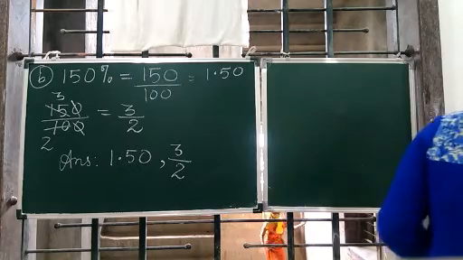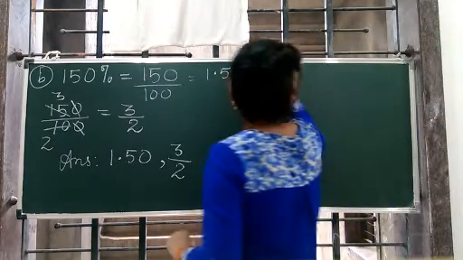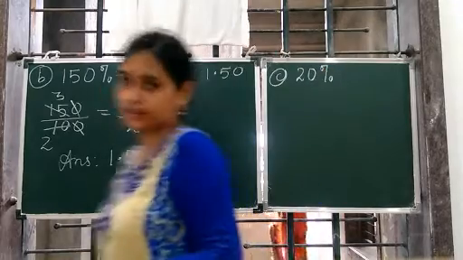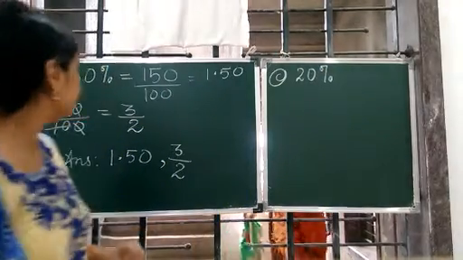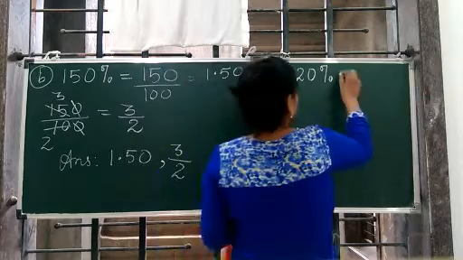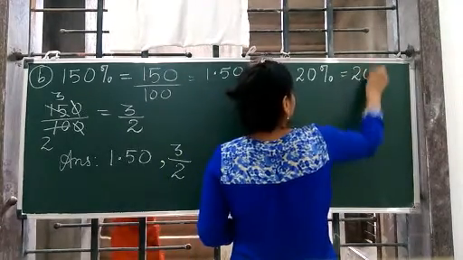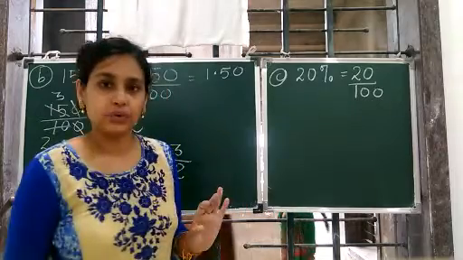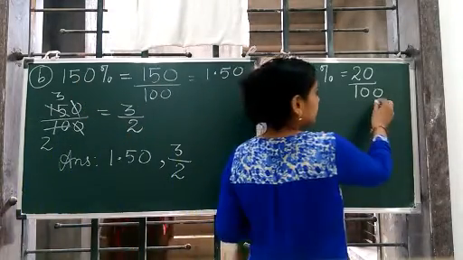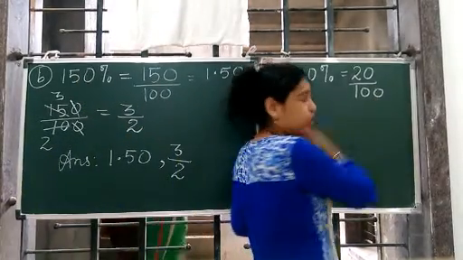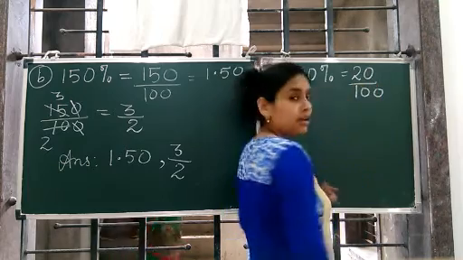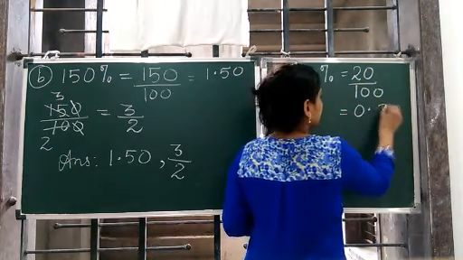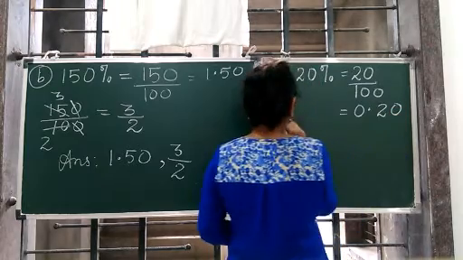Then we start with C. 20%. Okay, 20% we converted into fraction, that is 20 per 100. Now we need to convert it into decimal. How many zeros? 1, 2. 2 zeros. So 2 decimal places. 0.20.